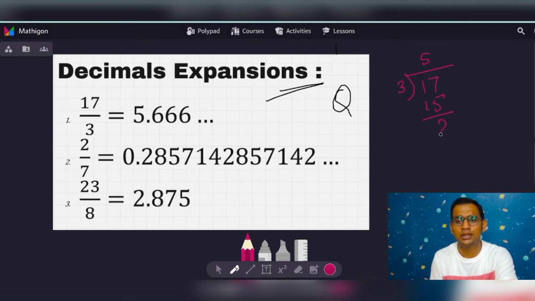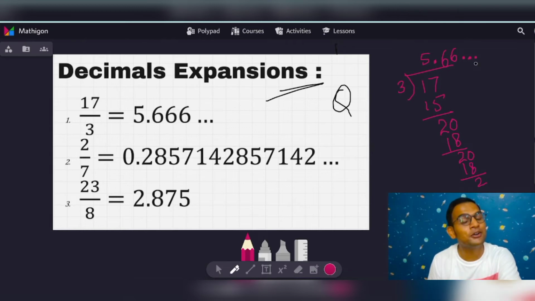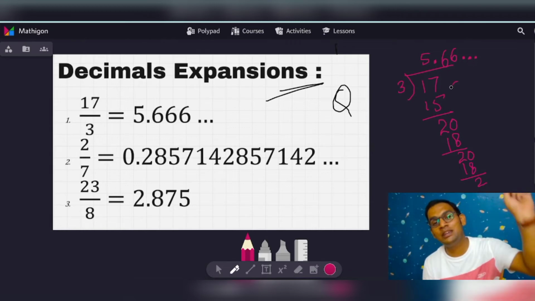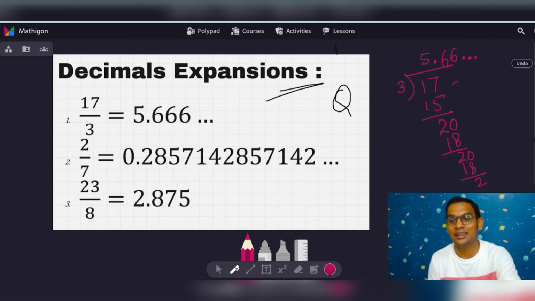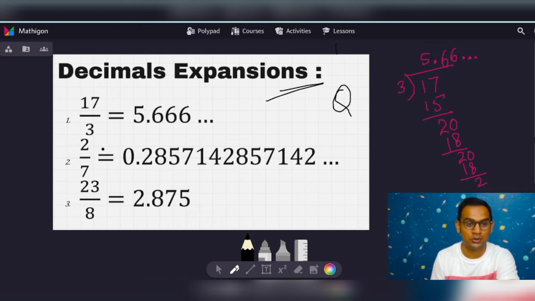We subtract it and get a remainder of 2, and then we put a decimal place and get a 0. 3 times 6 is 18, and as you observe, this 2 as remainder will keep coming because every time we multiply by 6, 2 remains. That means this decimal expansion is never going to end. The 6 is going to repeat again and again. So that is one of our observations. What's the next observation? Let's focus.